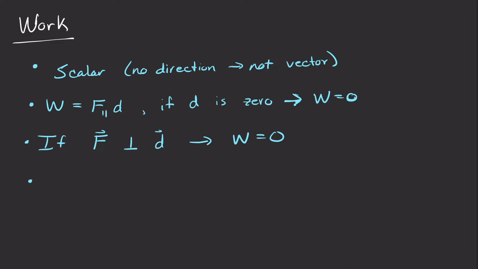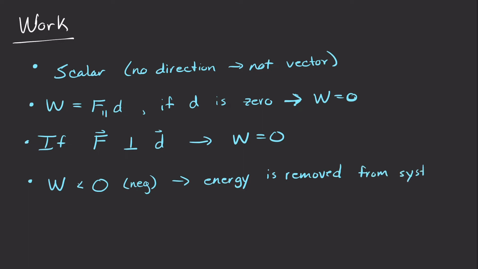And then we saw previously that the work can be positive or negative, so the work is less than zero, or negative. This means that energy is removed from the system. So this is kind of like when friction is in the opposite direction of the displacement. It's taking energy away, and it's causing the object to slow down.